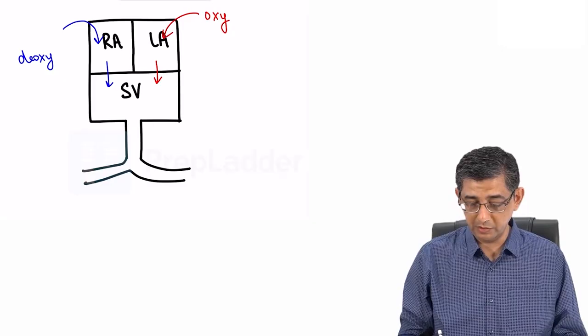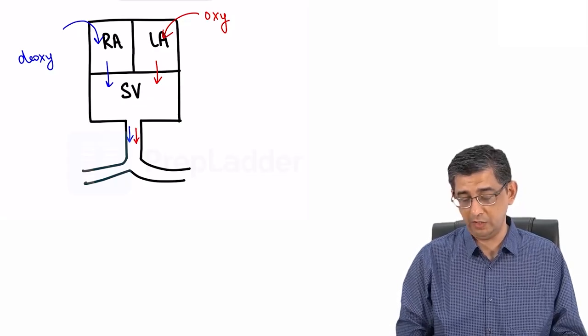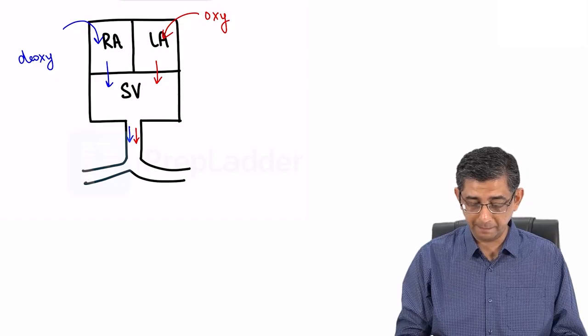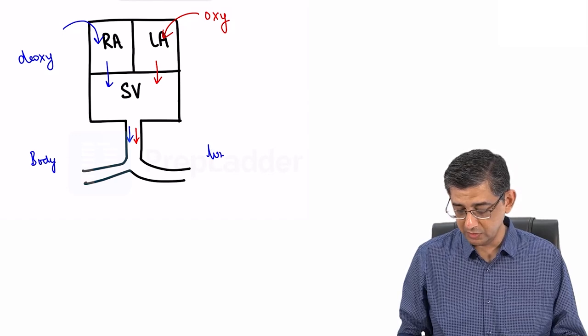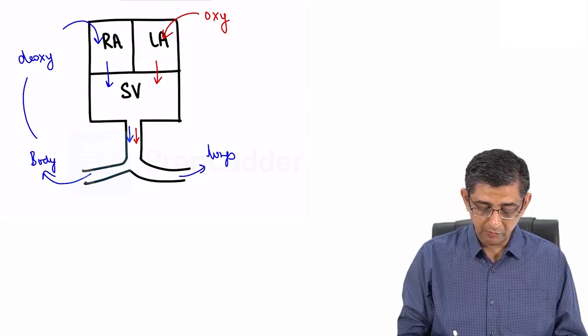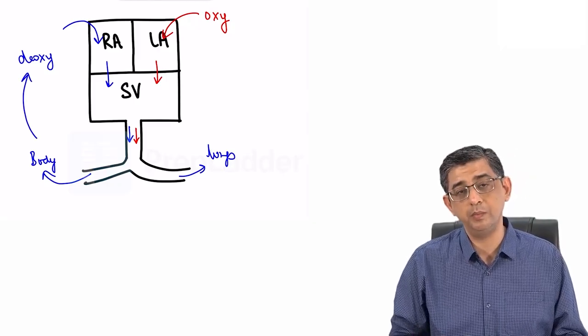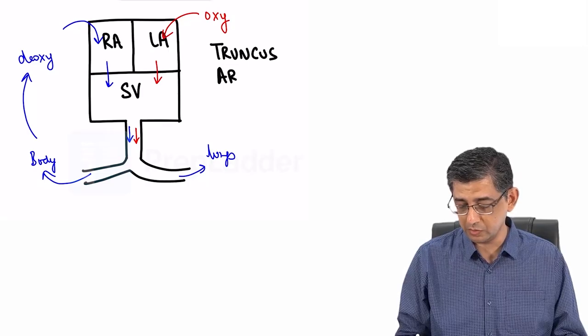Moreover, all this blood, which is a mixture of the two but will be desaturated blood, will race into this common blood vessel and then will be distributed to the body and to the lungs as well. As such, in this condition, I have not highlighted any aorta or pulmonary artery. Well, I presume you should have guessed the name by this particular point of time. The disease that I'm teaching you is called truncus arteriosus.